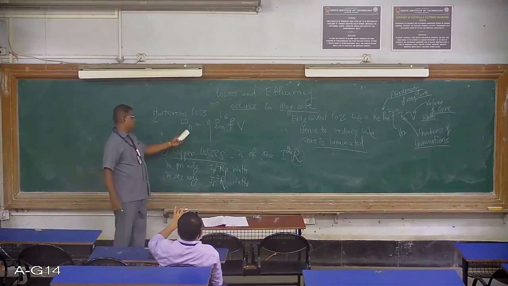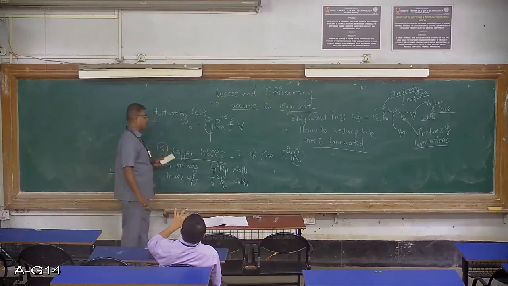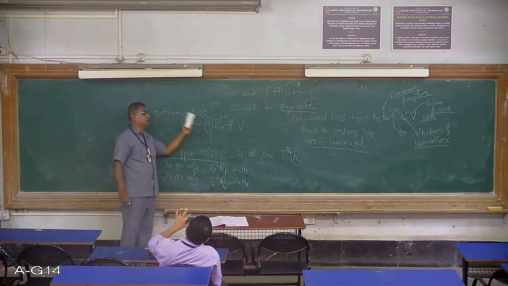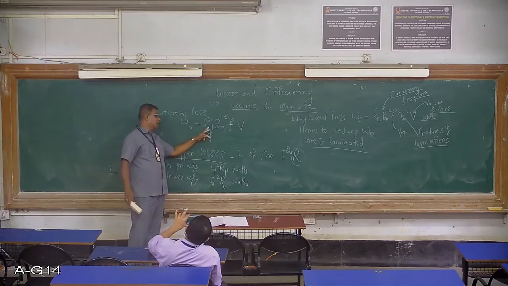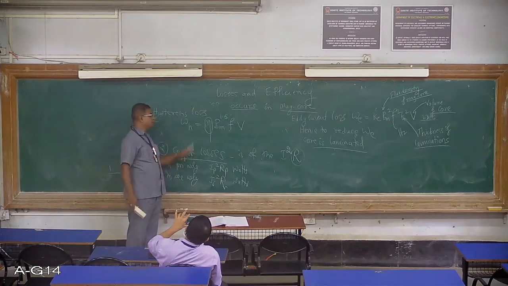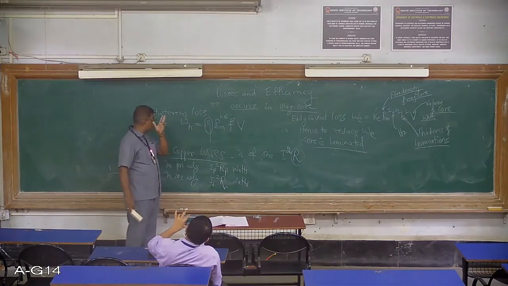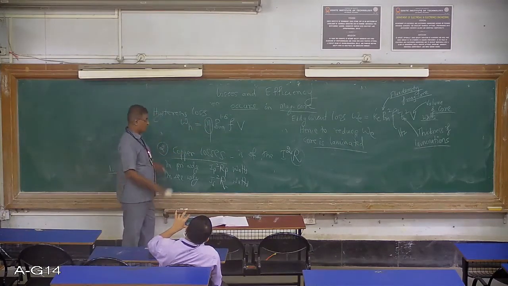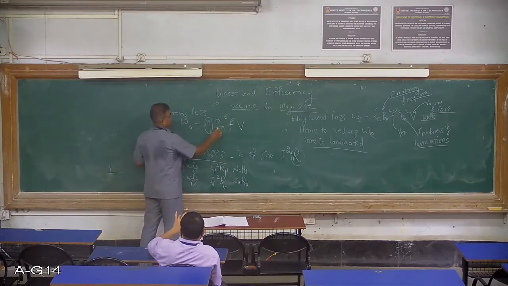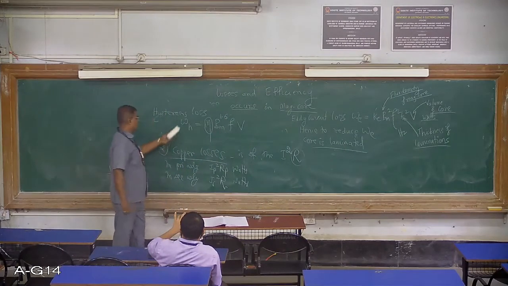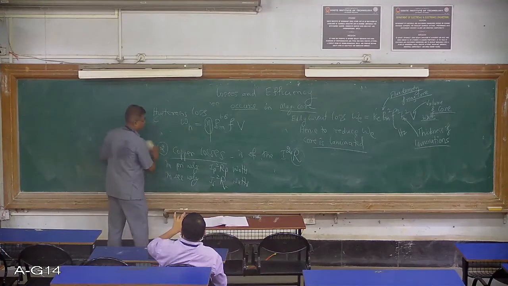Here hysteresis loss depends on eta. Eta is a typical constant depending on the material that we are using. If you use a high silicon content, eta will be less. If you use less silicon content, eta will be more, and accordingly hysteresis loss will be more. F is the supply frequency. As usual, V is the volume and Bm is the flux density. So this is the hysteresis loss that you will find in the transformer core.